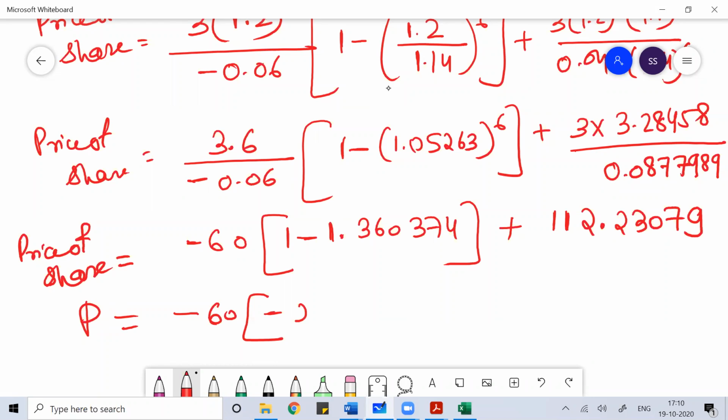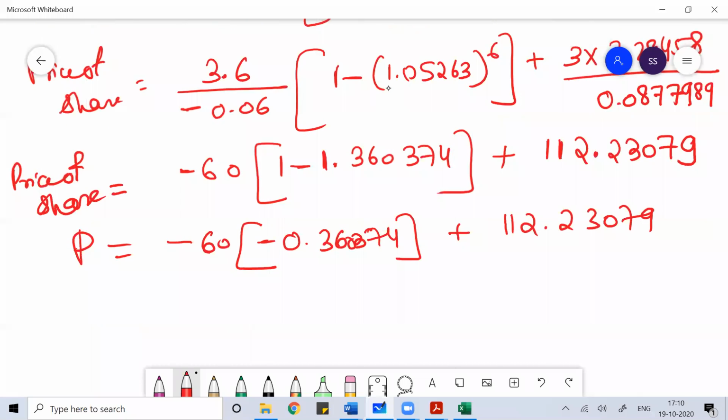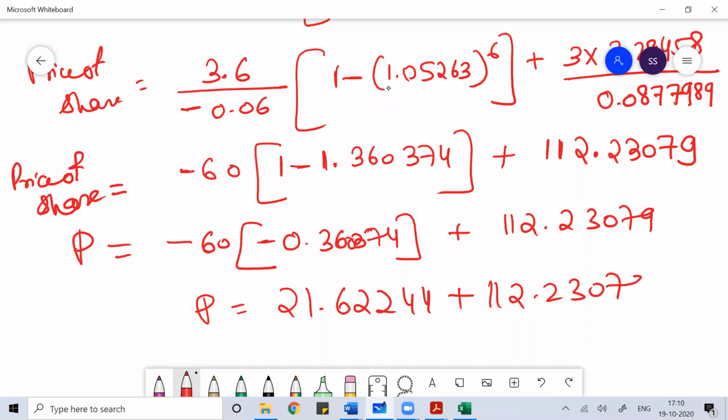So this is minus 0.360374, into minus 60, which gives 21.62242, plus 112.23079.